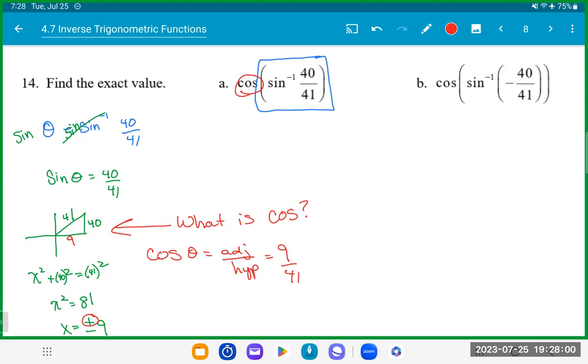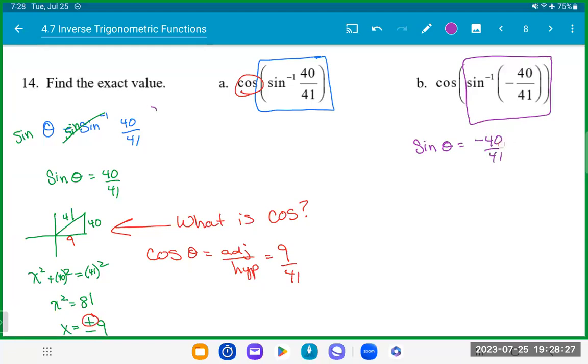Okay, question. So the problem right next to it, we're looking at the inner piece first. So that's going to give me the sine of negative 40 over 41, right?